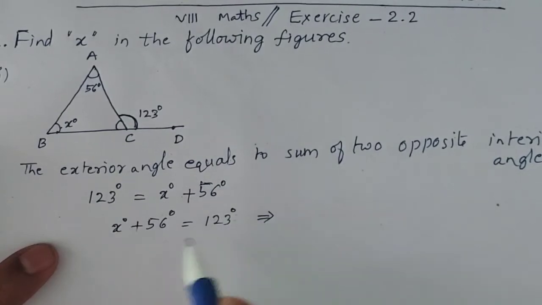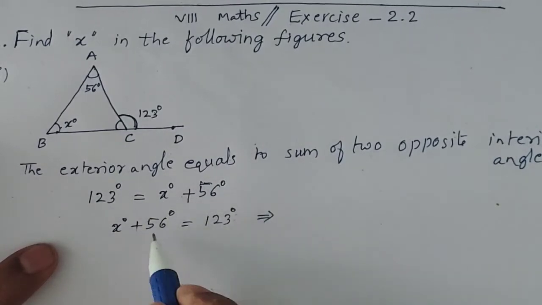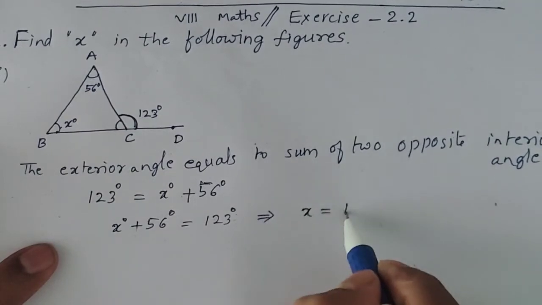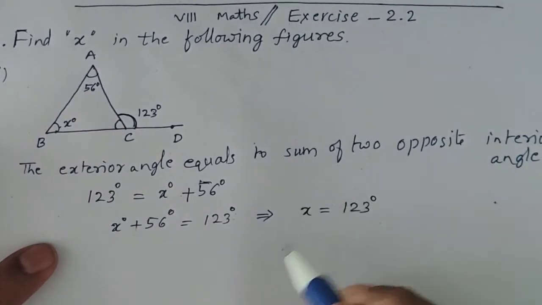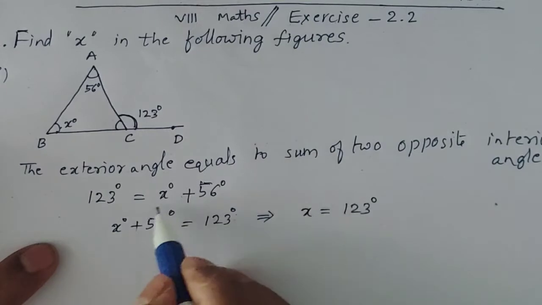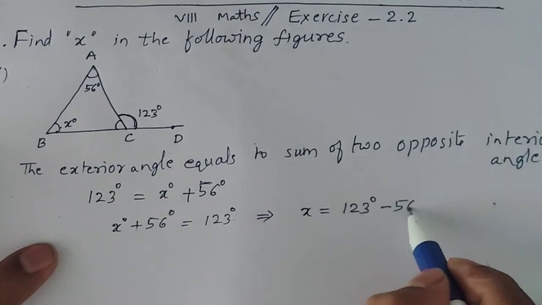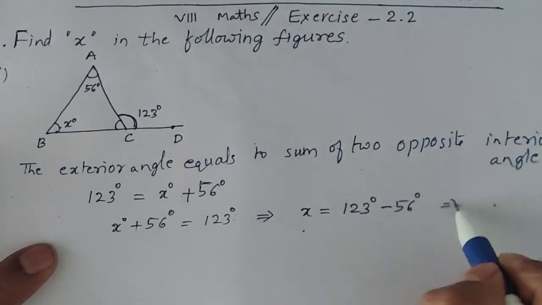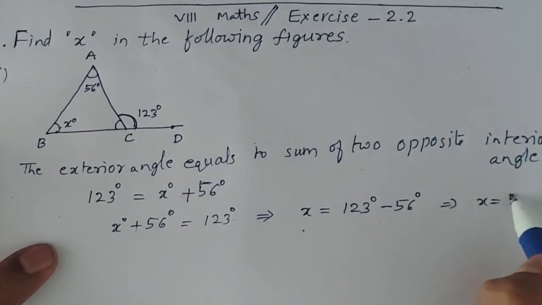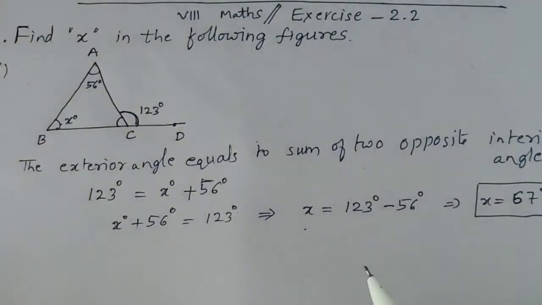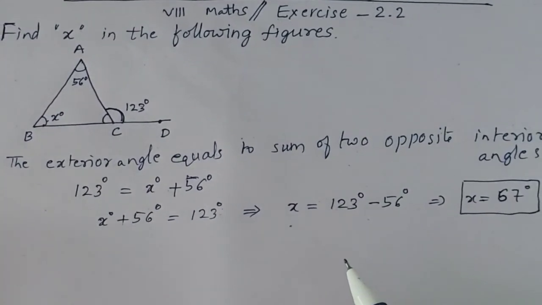That implies transpose this 56 degrees to the right hand side. So x equals 123 degrees minus 56 degrees, and x will become 67 degrees. Thus we find the x value in this figure: x equals 67 degrees.